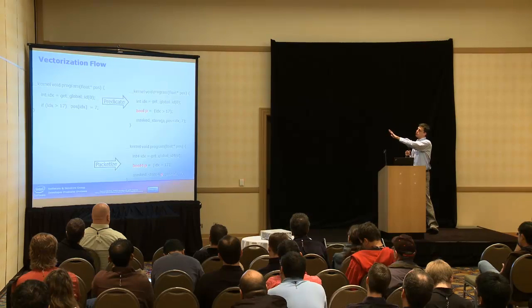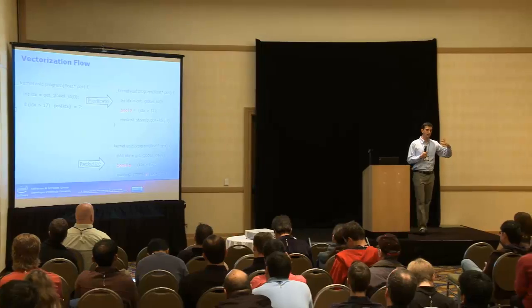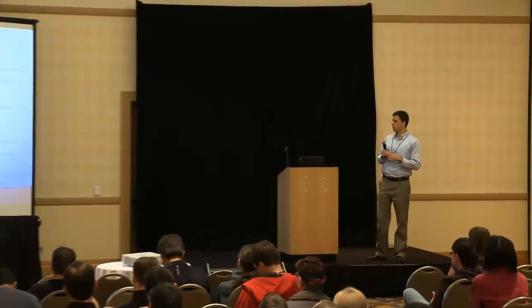The first thing we do is calculate masks. The condition that we had earlier, index greater than 17, becomes a Boolean, a single bit, which tells us whether the branch is taken or not. Then in the next line, we use it to predicate the store that comes after it. So we have a masked store, and we save the number 7 to memory only if the condition is true.